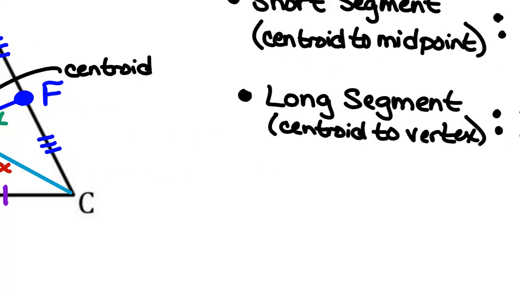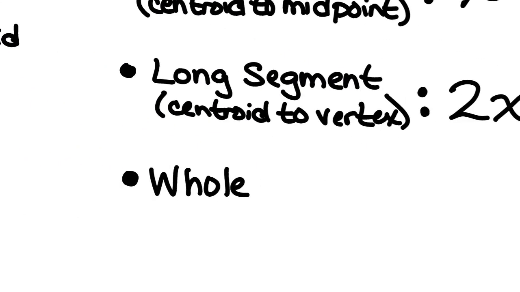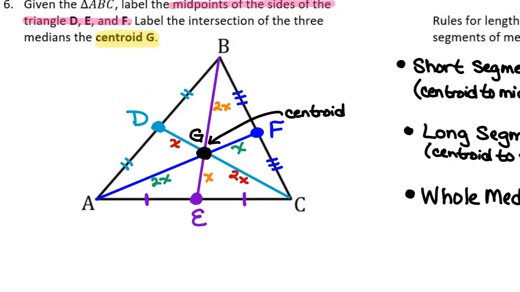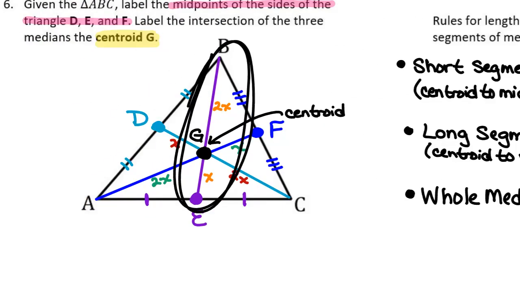Question. If the short segment is X and the long segment is 2x, then when I look at one whole median and I put those two parts together, that would give me how much?